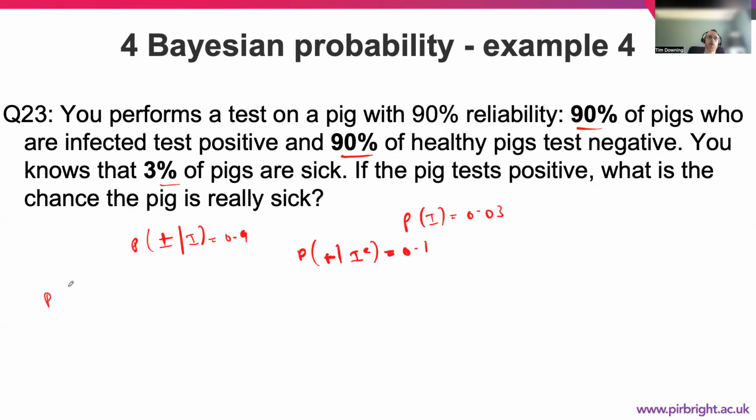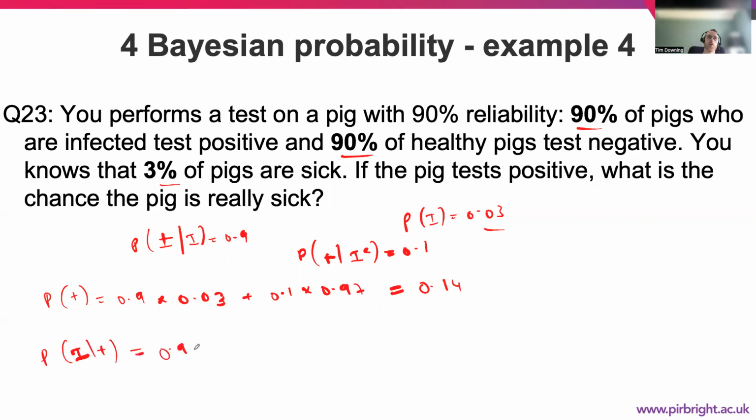That means our chance of testing positive is going to be 0.9 by 0.03 plus 0.1 by 0.97. So that comes from the number that are not infected up here. If we work that out, that's about 0.14. And that means the probability of being infected if we test positive is going to be equal to this 0.9 by 0.03 divided by 0.14.